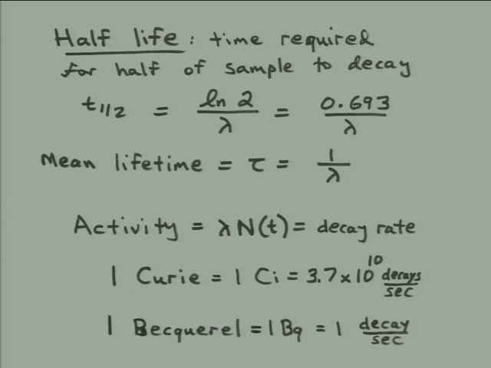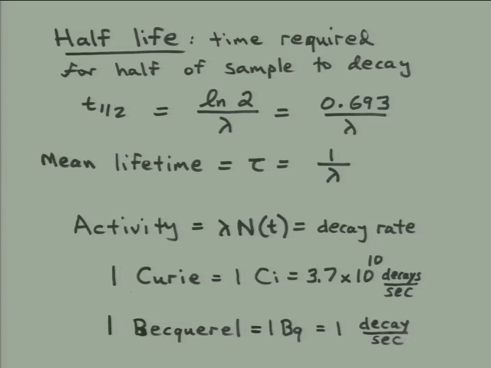It's related to the decay constant lambda through this expression: the half-life is the natural logarithm of 2 divided by lambda. Numerically, to 3 digits, the log of 2 is 0.693, and I don't think I'll ever ask you for any more digits than that in any problem or exam. So the half-life is 0.693 over lambda.